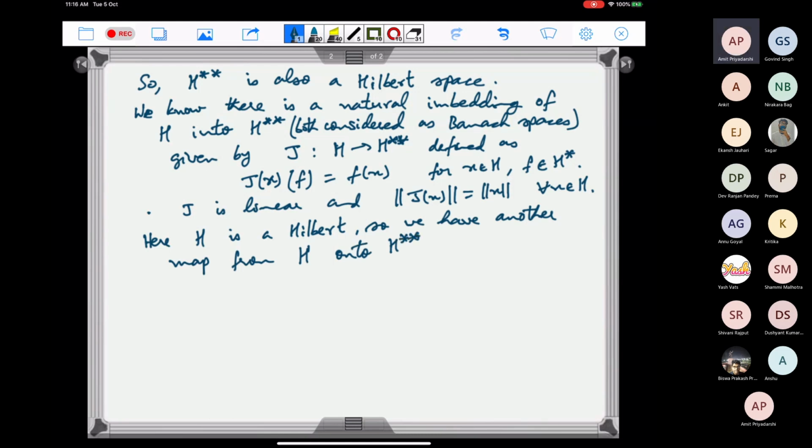So this is by composing the map from H to H star and H star to H double star.